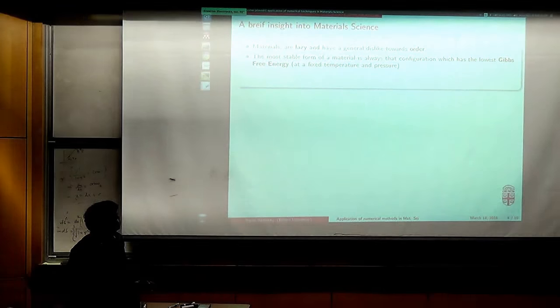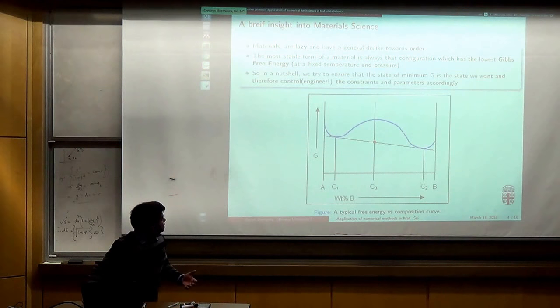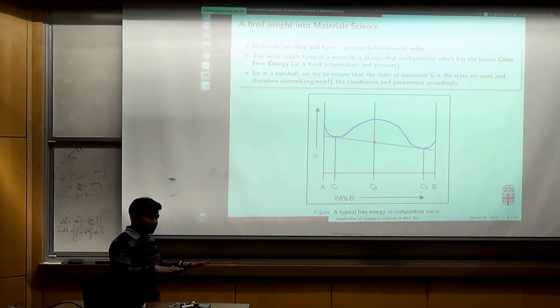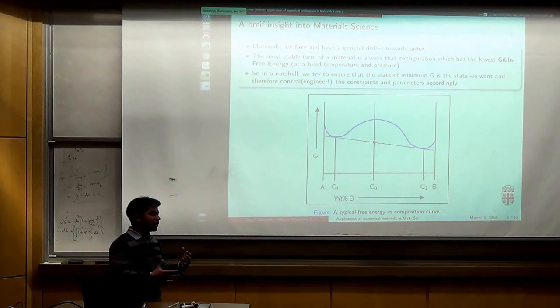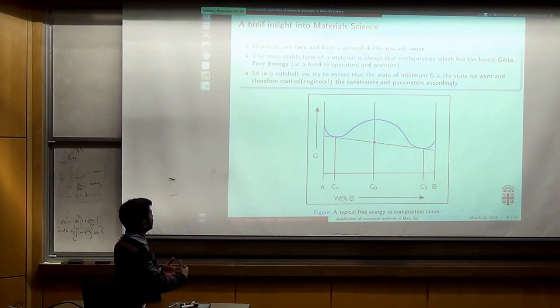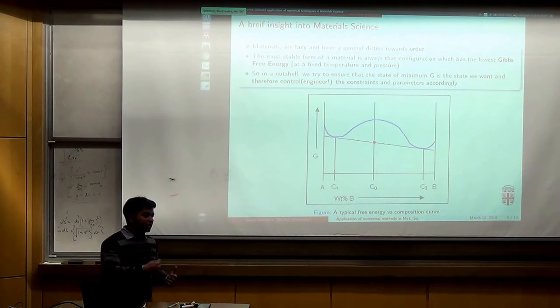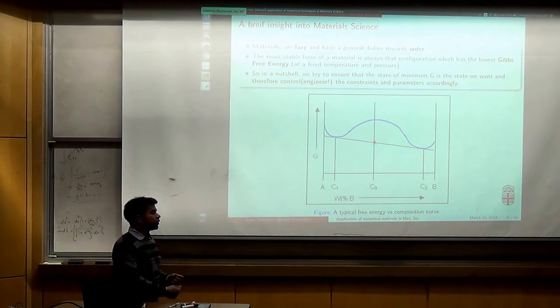As engineers, what we try to do is, say we want the system to be in a particular state, we engineer its composition and all of the parameters in such a way that the state of minimum energy is the state that we want.